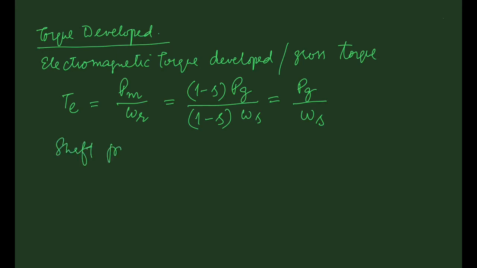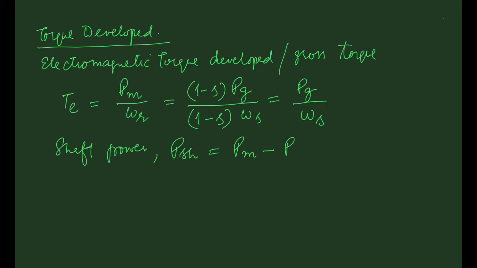The shaft power will be lesser than the total power developed because there will be friction and windage losses.